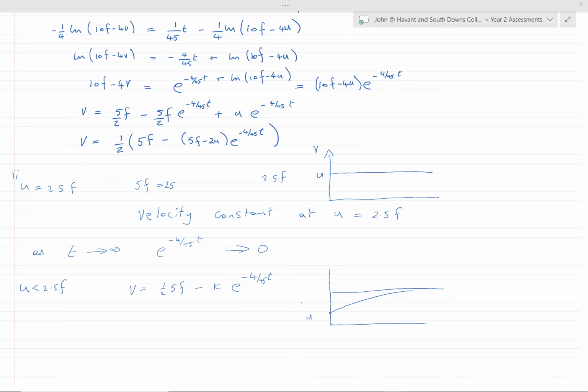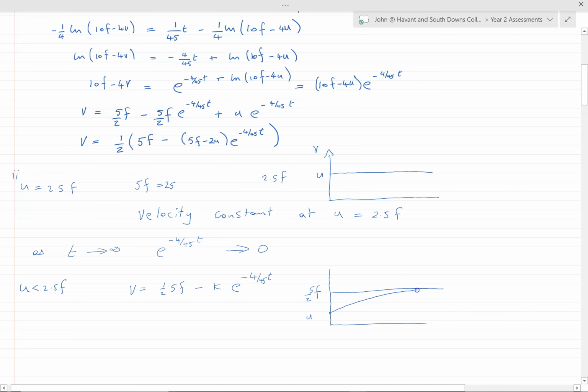So it's going to be increasing to the quantity here, which will be equal to, as t tends towards infinity, this tends towards 0, so it increases towards 5 over 2f.